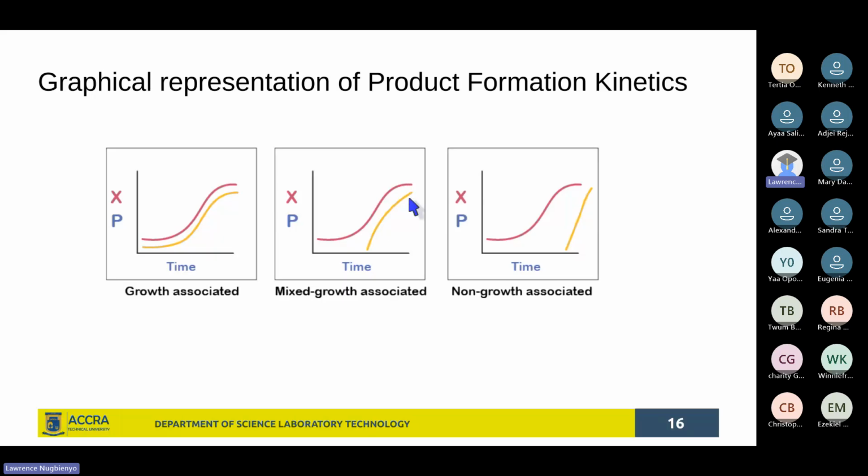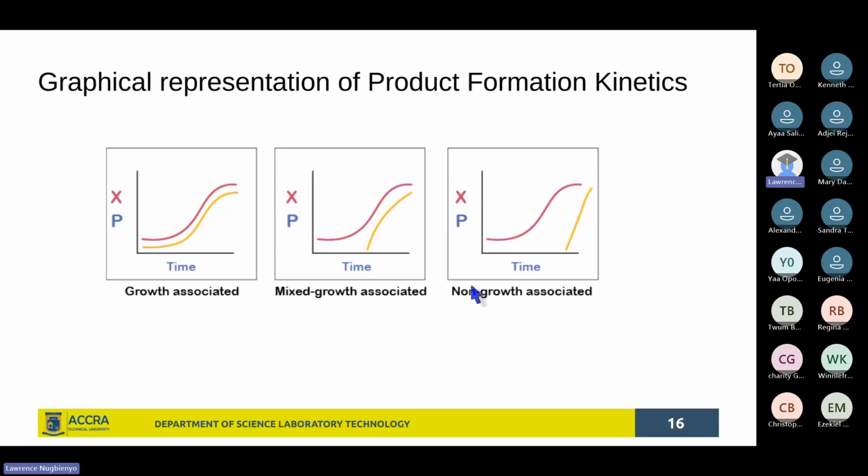So you see that there isn't that exact proportionality, but you can see that there is a mixture of these proportionalities. Again, here the P, which is the product which is being formed, is correlating with the yellow. So we could have done this yellow rather than blue, so that it will match with the color of the P, which is the product, and then the X being the growth rate, which is the red there.